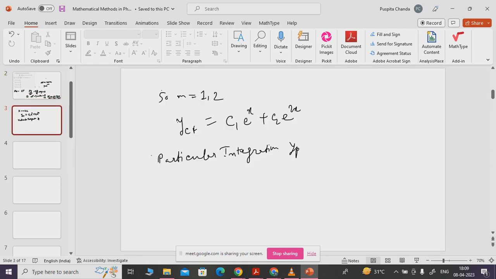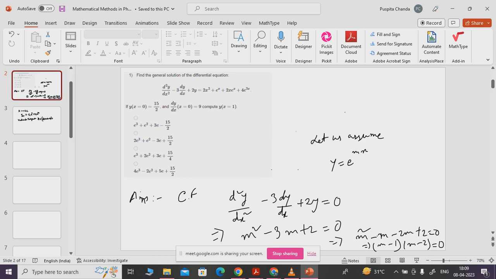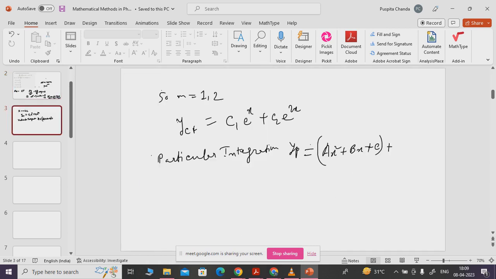So we will assume yp, for the polynomial of degree 2, will have a part like this, and for the exponential e to the power 3x, we will assume a constant g e to the power 3x, as none of the m is 3.